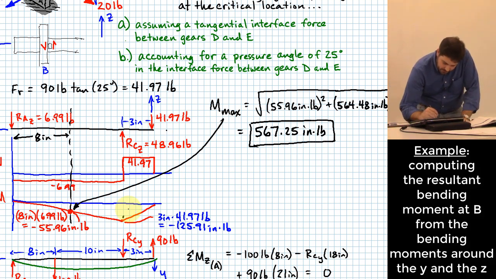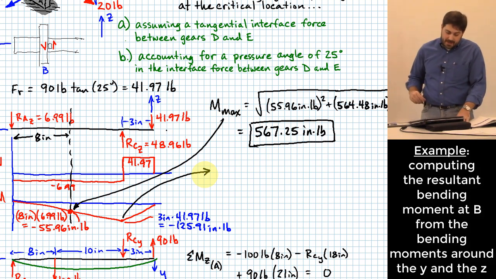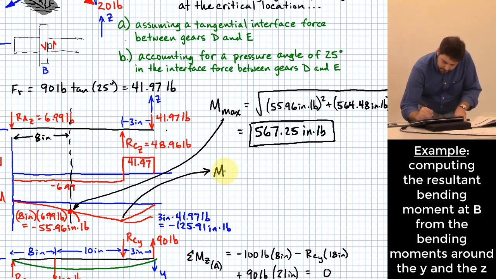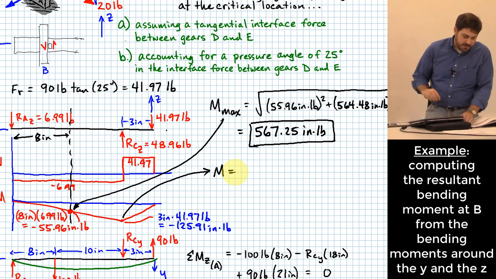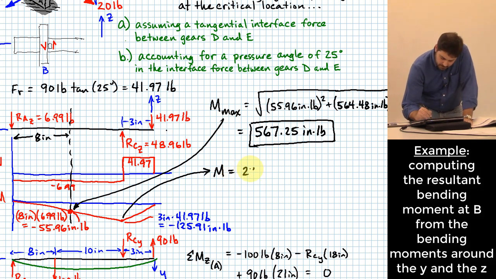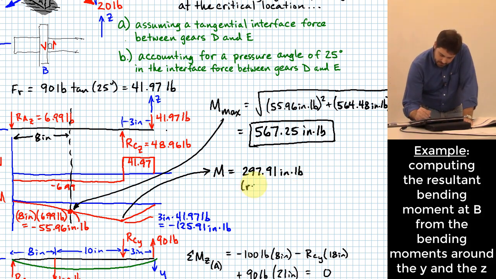Since I'm really running low on time, I'm going to just tell you that the bending moment there, overall, is going to be equal to 297.91 inch-pounds, calculated the same way. This is the resultant of both diagrams.